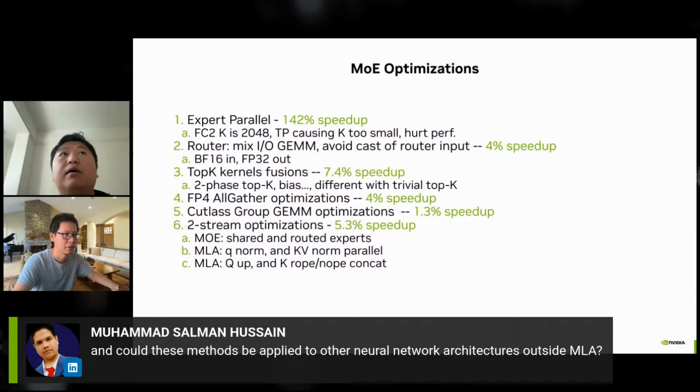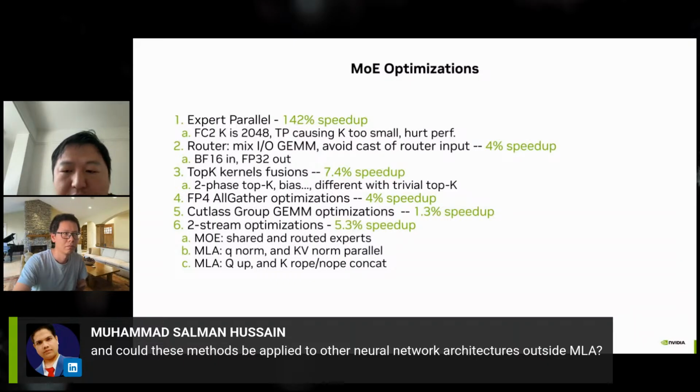Okay, then let's continue. The previous section was mostly about the MLA layer optimization. There is another very important layer, which is the MoE layer. For the MoE optimization, we did at least about six items for the max throughput scenario.